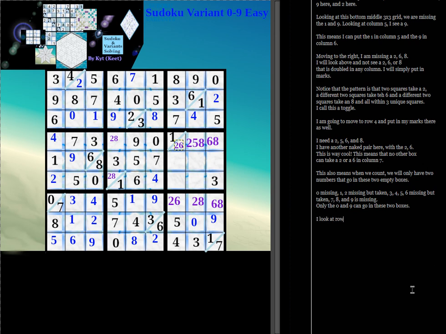I look at row 5 and what do I see? Do you see a 0 or a 9?